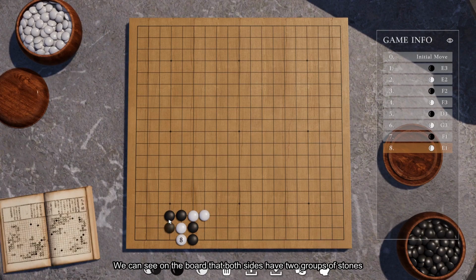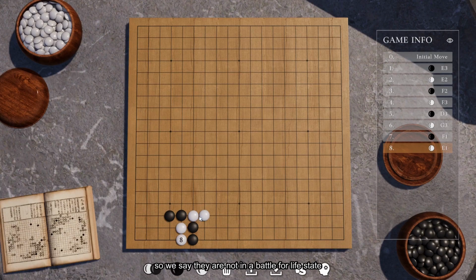We can see on the board that both sides have two groups of stones, and these two stones along with these two stones, they are facing the outside. Their path ahead is very open. They maintain a connection to the outside, so they can easily escape. Therefore, these two stones and these two stones are considered living stones.